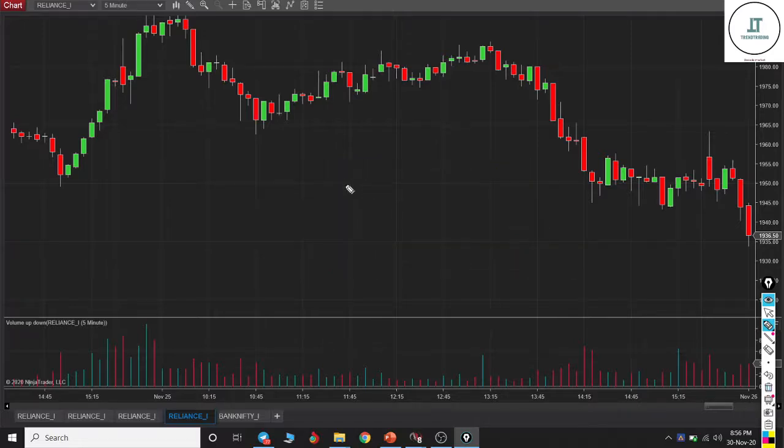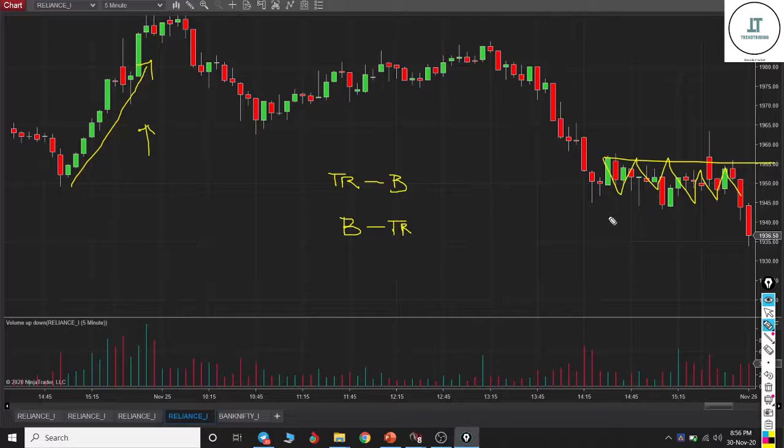When I say price shifting from trending to balanced or balanced to trending market, it is very simple. This is a trending up move. This is a balanced, sideways market. This is a trending down move.